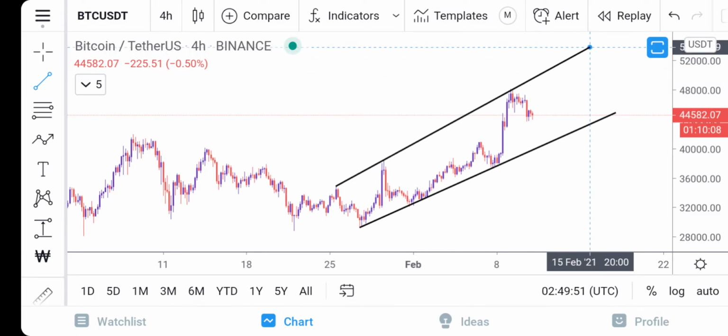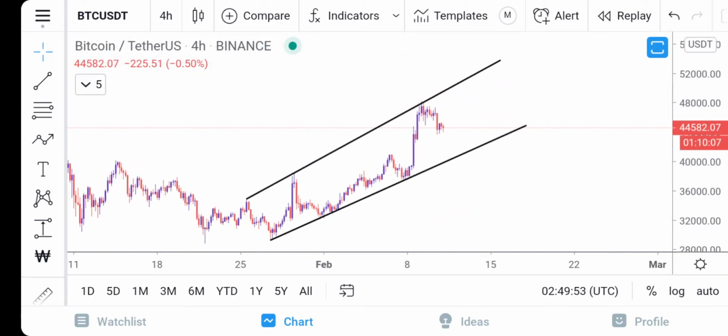So this is a rising channel. Normally this chart pattern is a bearish rising channel, but just like the previous falling wedge, you buy the support and sell the resistance. You buy support, buy support, buy support, sell resistance, sell resistance.